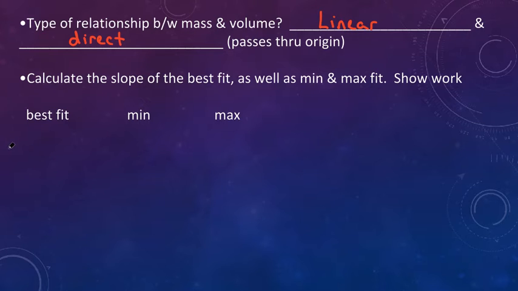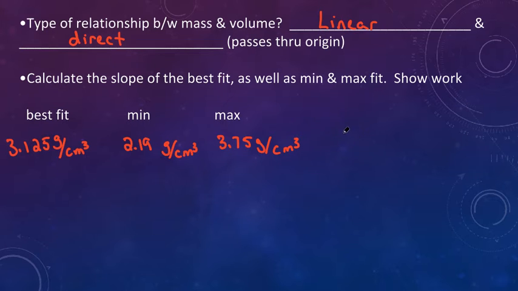But I got numbers of 3.125 grams per cubic centimeter for my best fit. My minimum slope was 2.19 grams per cubic centimeter. And my maximum slope was 3.75 grams per cubic centimeter.